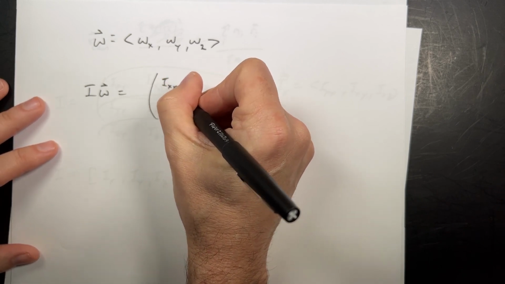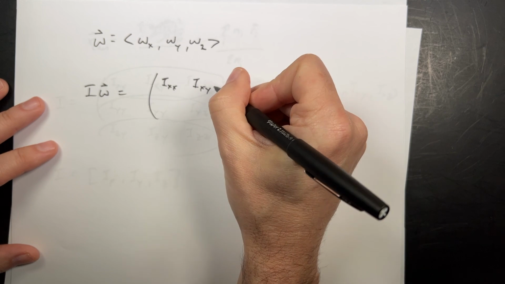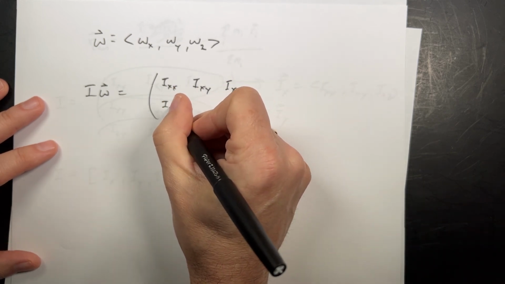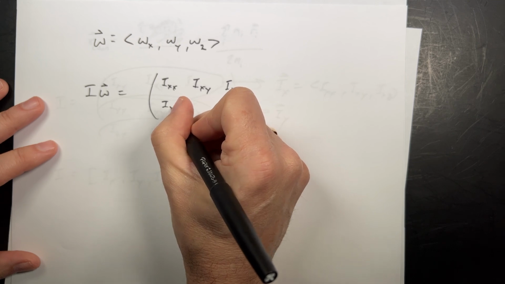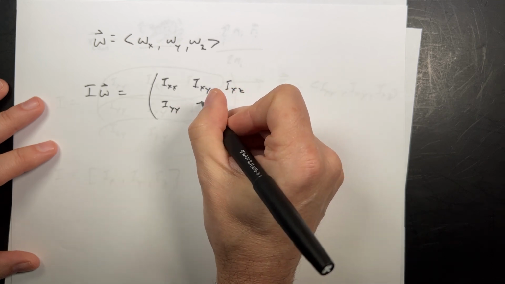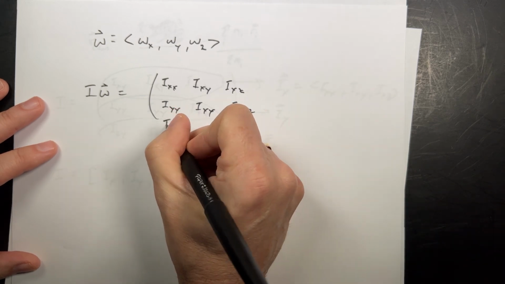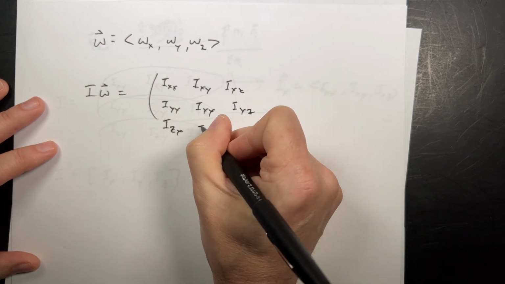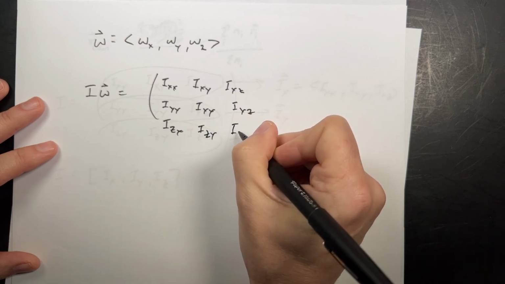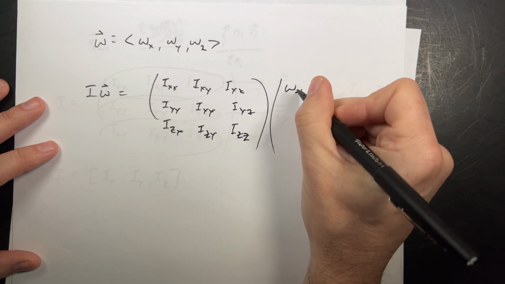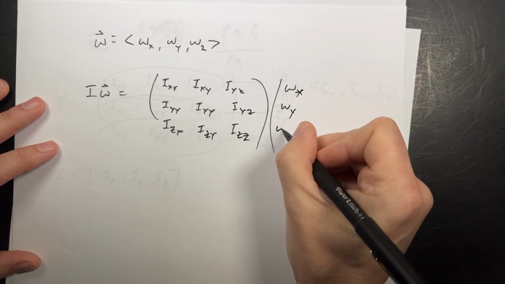I guess I should write it out, IXX, IXY, IXZ, IYX. I had a little mental breakdown there. IYZ, IZX, IZY, IZZ. And I'm going to operate on this vector omega x, omega y, omega z.